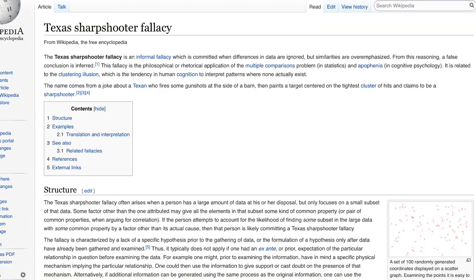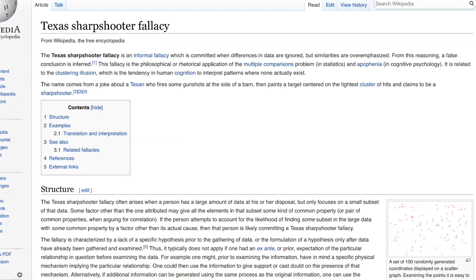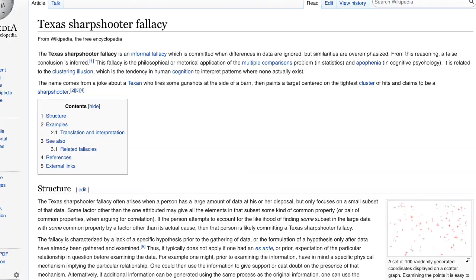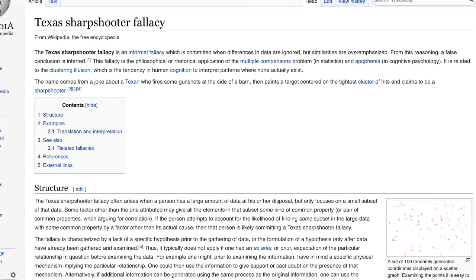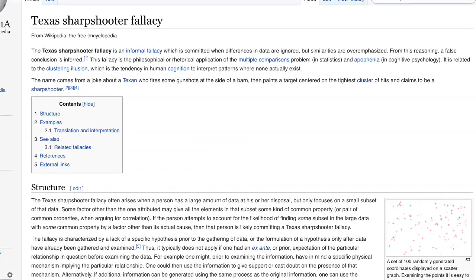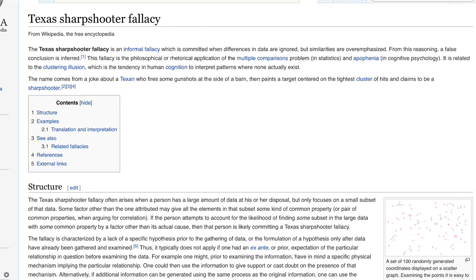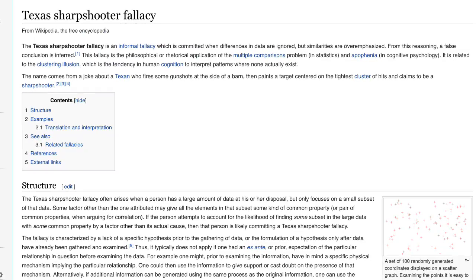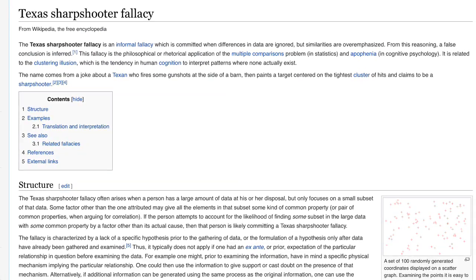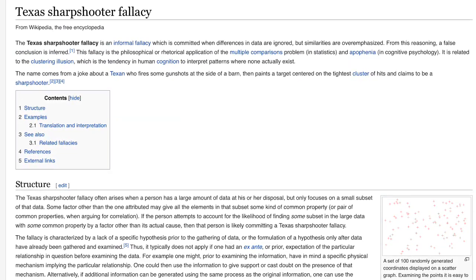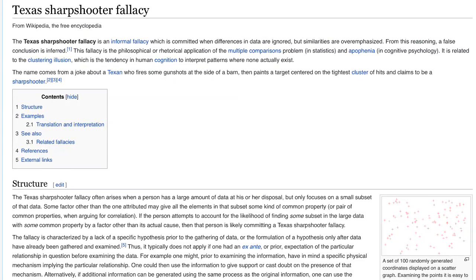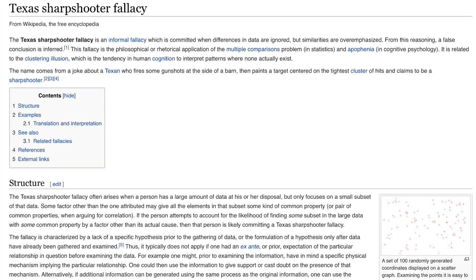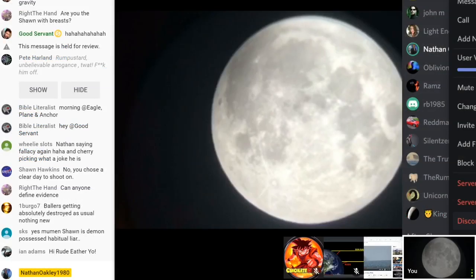From this reasoning, a false conclusion is inferred. This fallacy is the philosophical or rhetorical application of the multiple comparisons problem in statistics and apophenia. In cognitive philosophy, it is related to the clustering illusion, which is the tendency in human cognition to interpret patterns where none actually exist. That's also known as cherry picking.